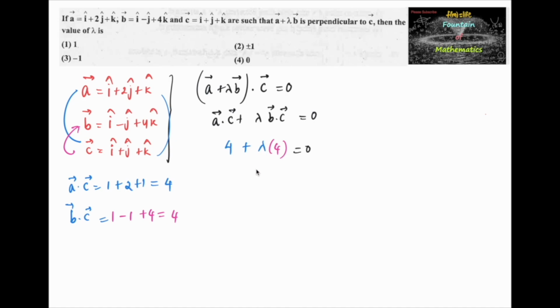So 4 plus 4 lambda is equal to 0, 4 taken common, 1 plus lambda is equal to 0, since 4 cannot be equal to 0. So lambda is equal to minus 1. So we can go with option 3. The value of lambda is minus 1.